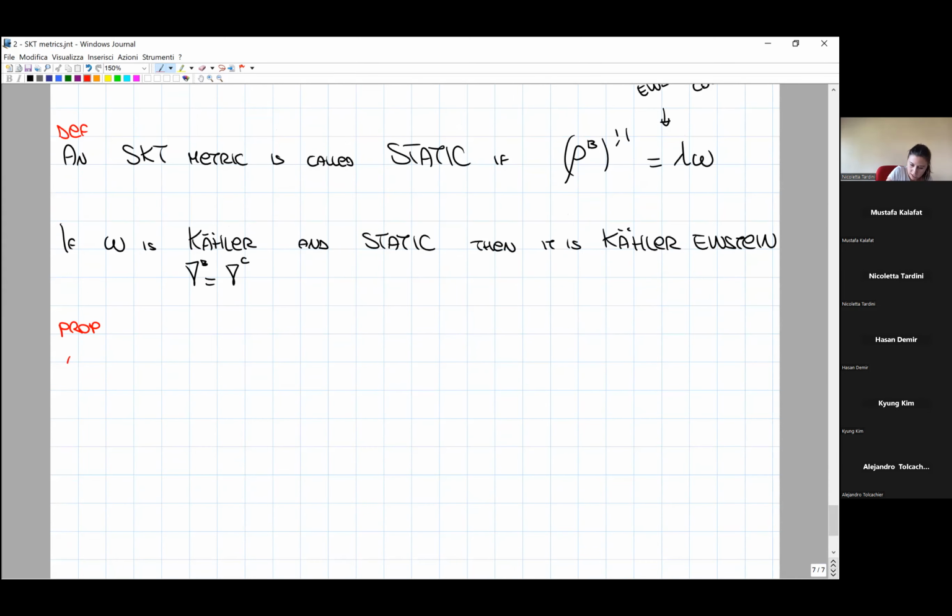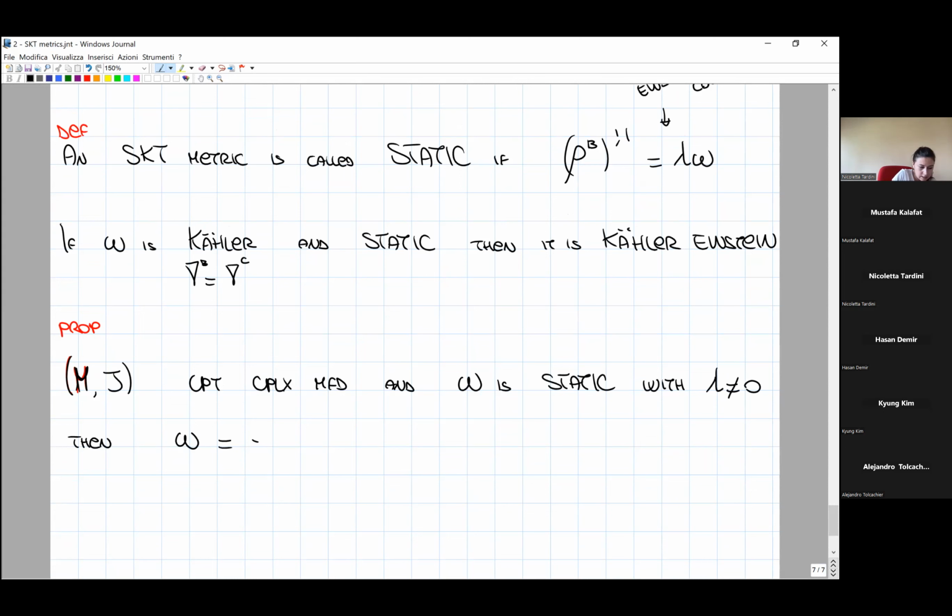So if M, J is a compact complex manifold and omega is static, which means that it satisfies the equation you see at the top of the slide, with lambda different from 0, then omega is actually equal to capital Omega 1,1.